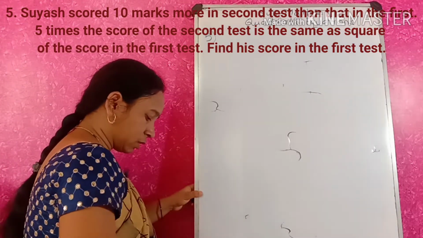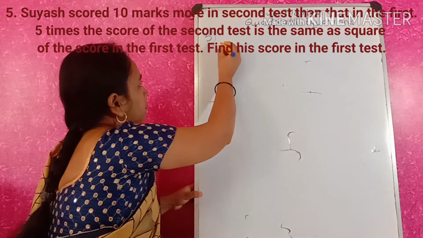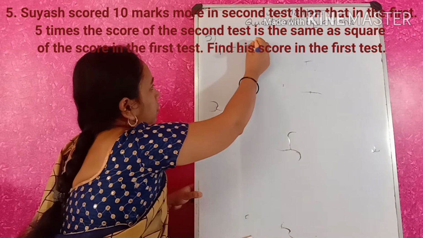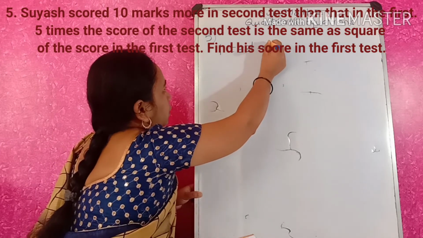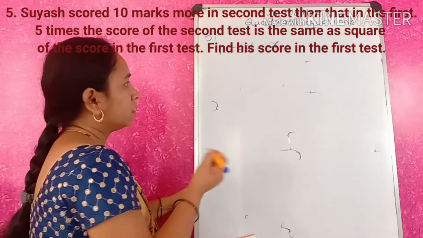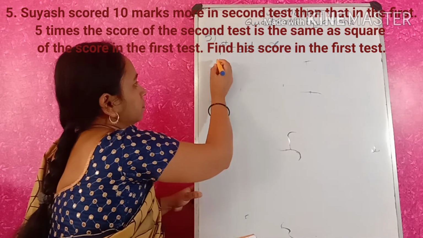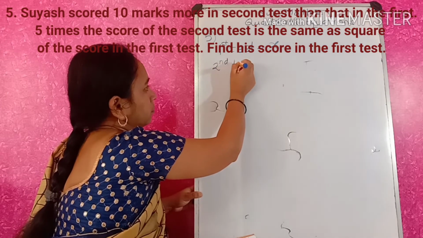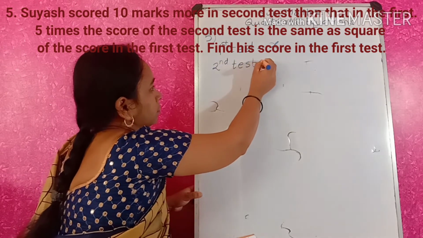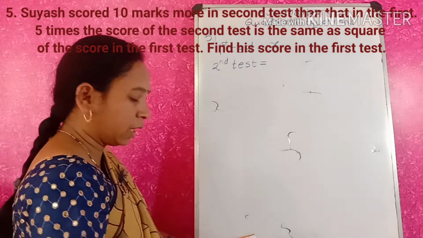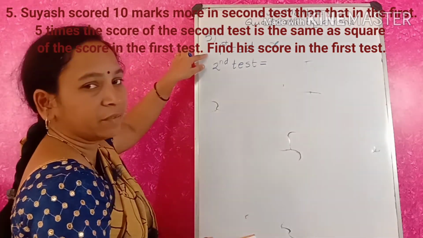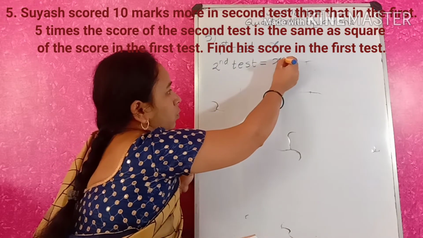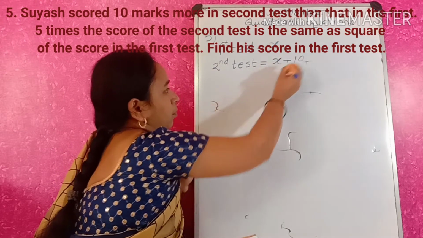So here I'll consider first test is equal to X marks. Then second test, he has got 10 more marks than the previous test. So if it is X marks, he has scored X plus 10 marks.